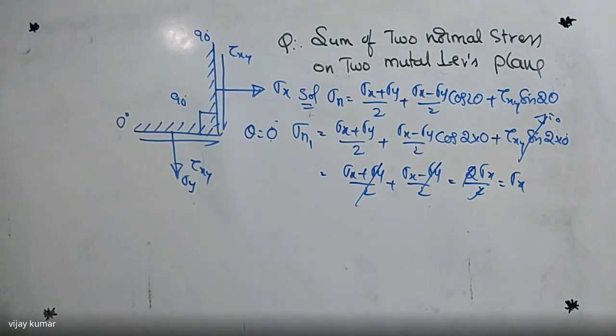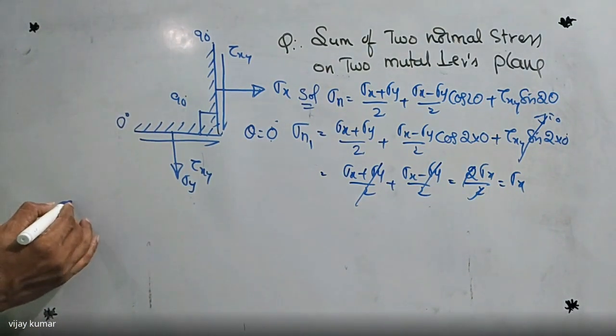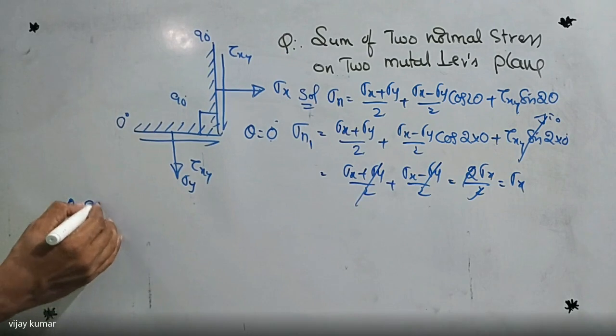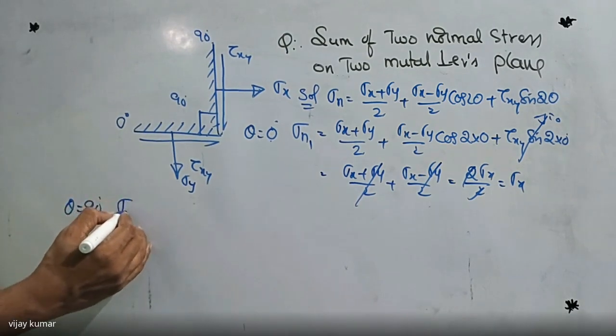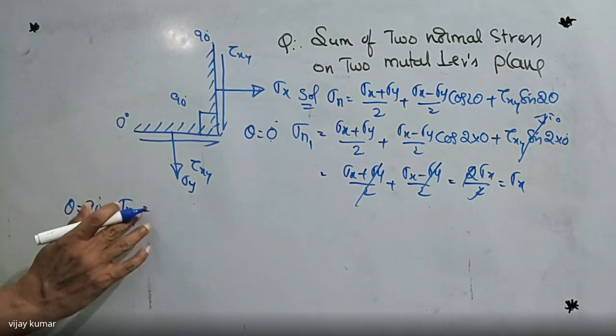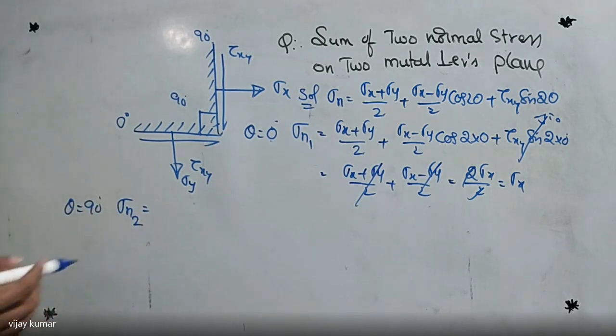Now I am writing: when theta is equal to 90 degrees, the normal stress on the plane is sigma n2. What is the angle between these two planes? 90 degrees, both are perpendicular to each other.